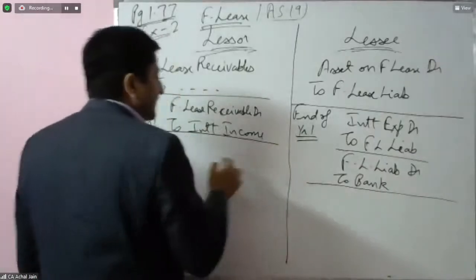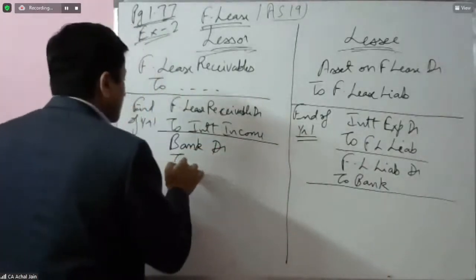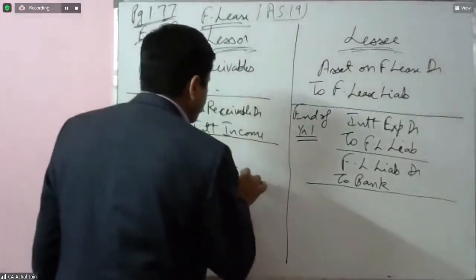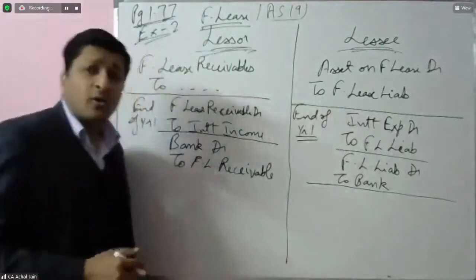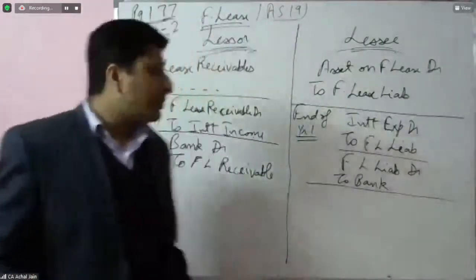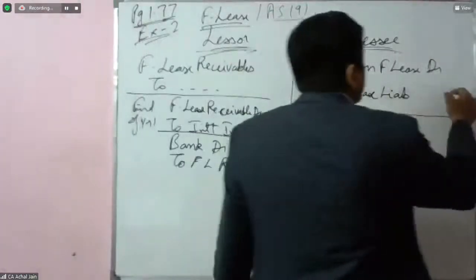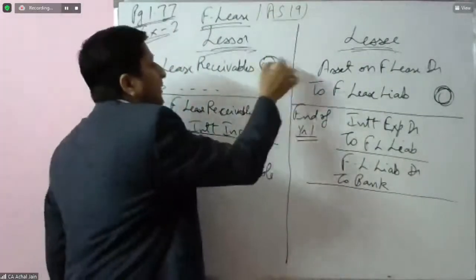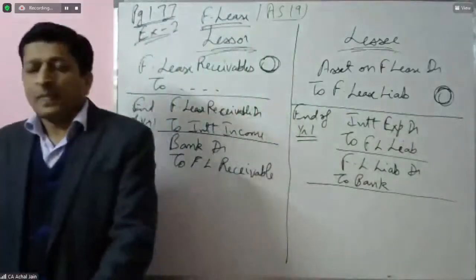And subsequently, what will happen? He will say bank debit to finance lease receivable. So this accounting entry will be passed year on year till the time this becomes 0 in the books of both lessor as well as lessee.